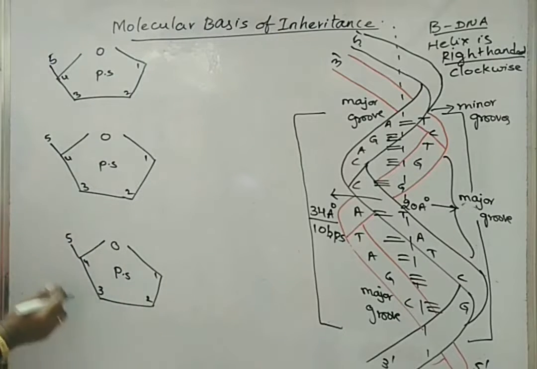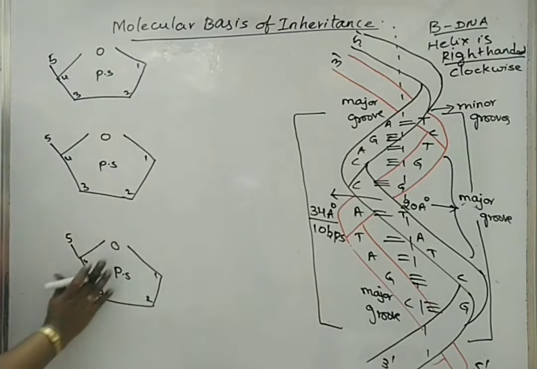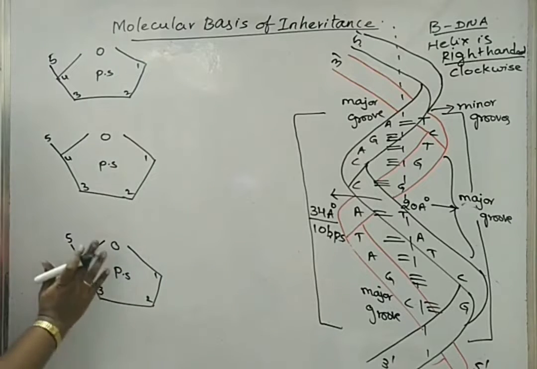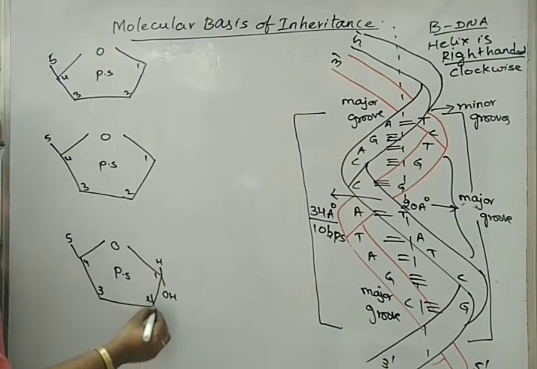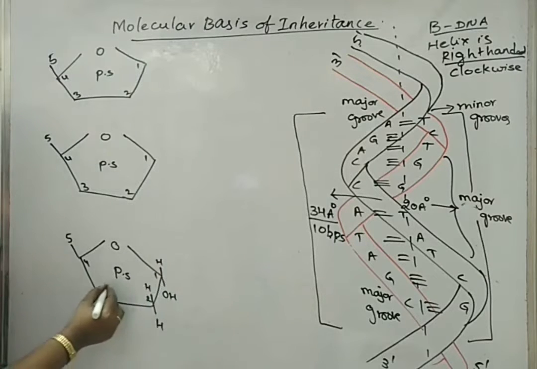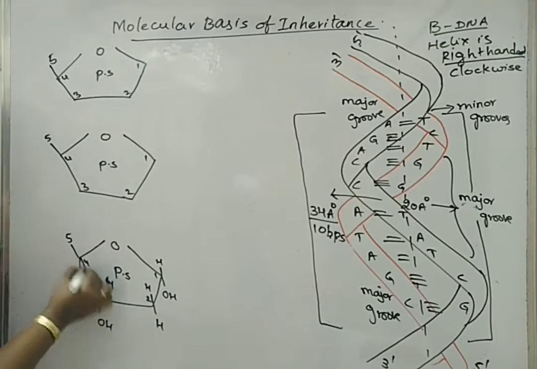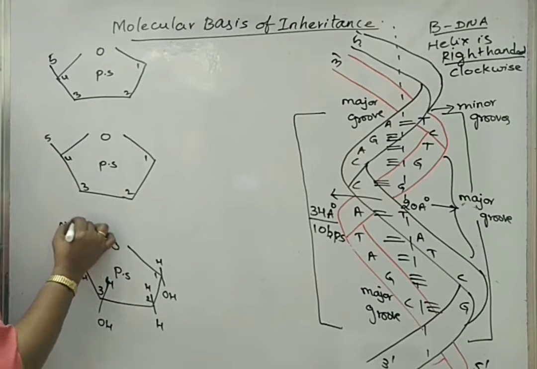In DNA, that is deoxyribose pentose sugar, first of all we will recall the structure. Here the structure is OH, H, and here is H, H, and here is H, H. Here it is OH, and here it is CH2OH.